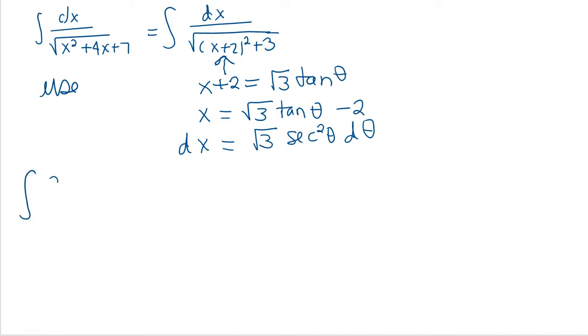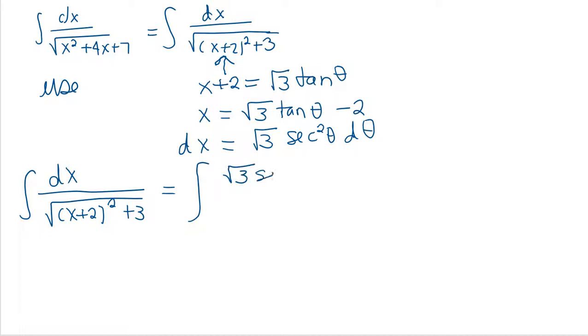That is, the integral of dx divided by the square root of x plus 2 squared plus 3 is going to be the integral of, for the dx, let's put in square root of 3 secant squared theta d theta, and the denominator is going to get a little bit tricky.